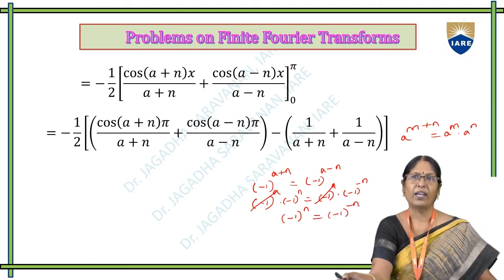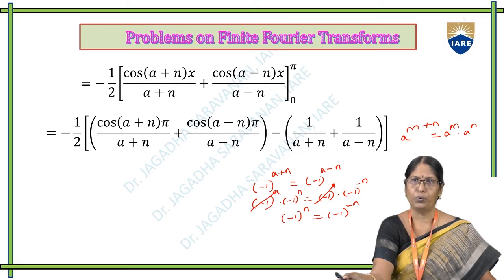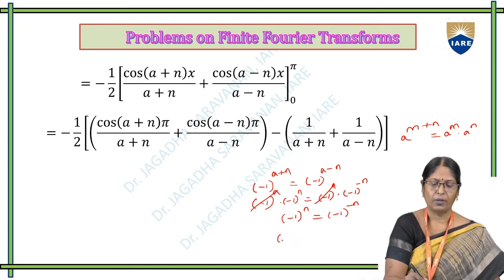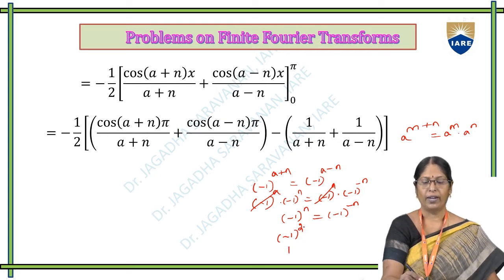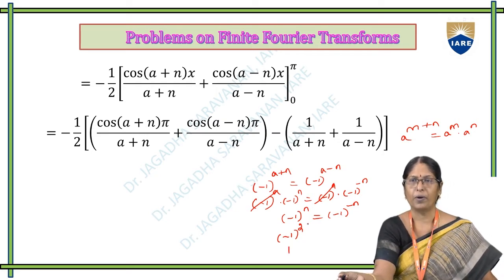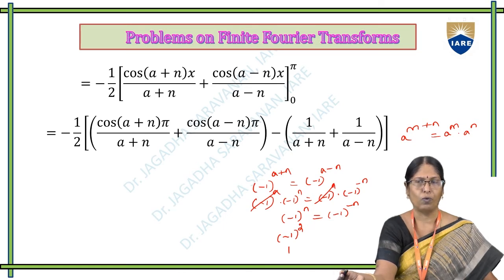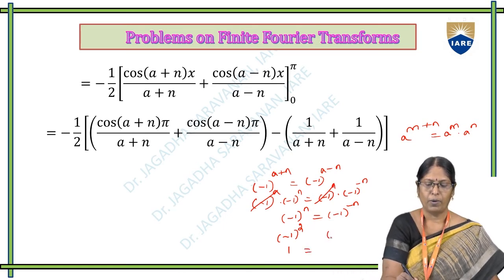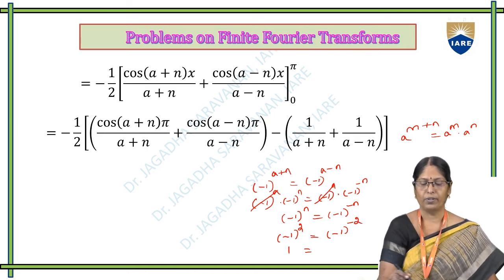We will take some n value as 2. So we substitute here minus 1 square. It becomes 1, since we know minus 1 into minus 1 is 1. Here, minus 1 power minus 2. We are checking whether both are the same or not.